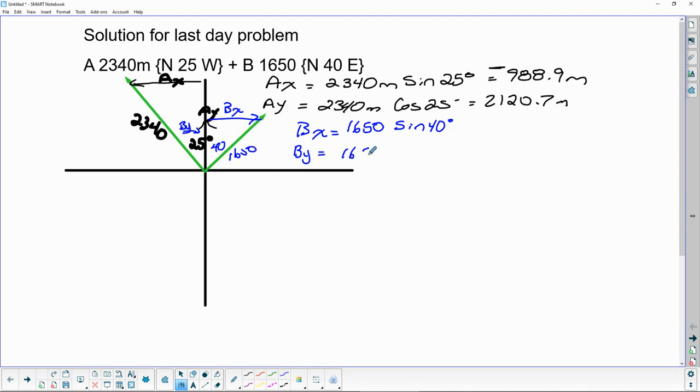So that's cosine. Okay, take our calculator out, plug in those numbers. Okay, 1650 times the sine of 40. Okay, we get 1060.6. Okay, and we know that BX is positive because it's going to the right.